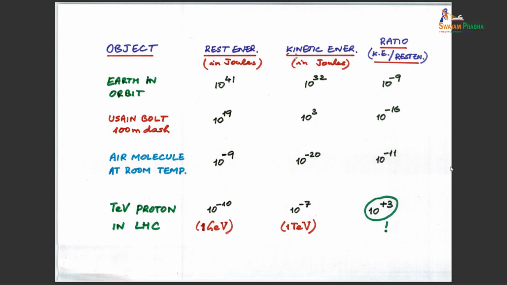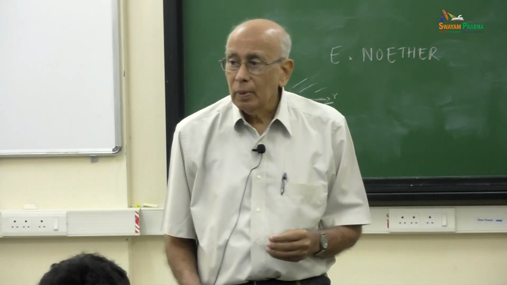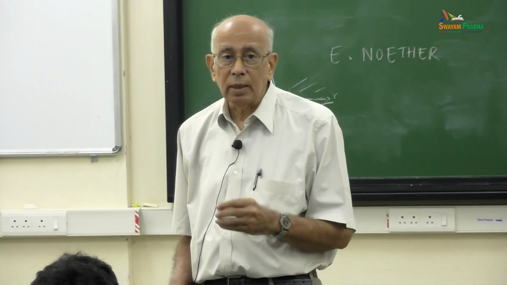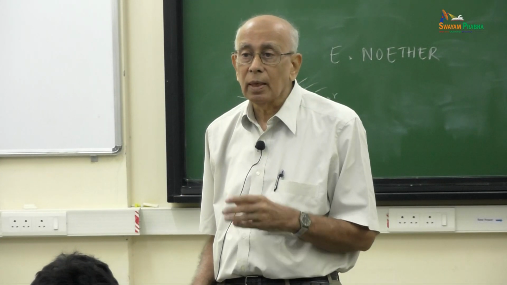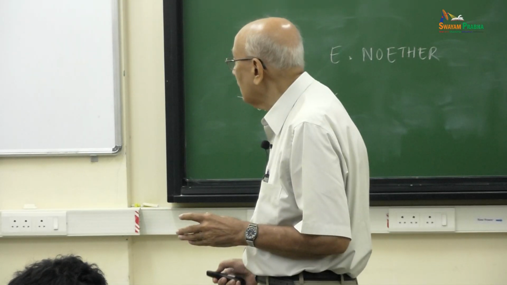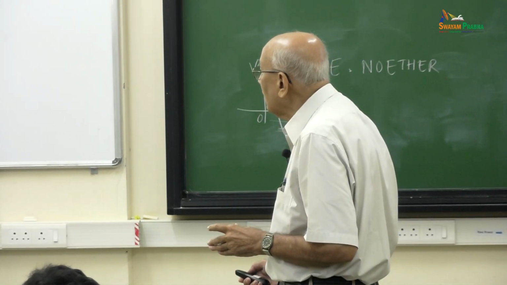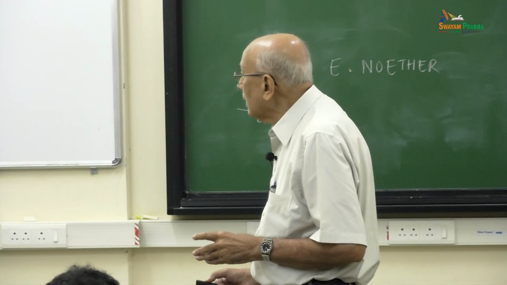So the ratio is 10 to the plus 3. In other words, the kinetic energy is 1,000 times the rest energy of this object. It's ultra-relativistic. It's moving at 99.9999 whatever percent, 5 decimal places, the speed of light in vacuum. And when you have that, anything can happen.